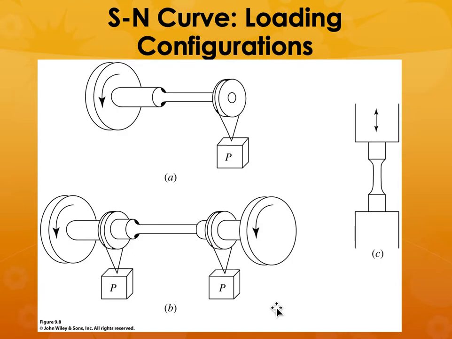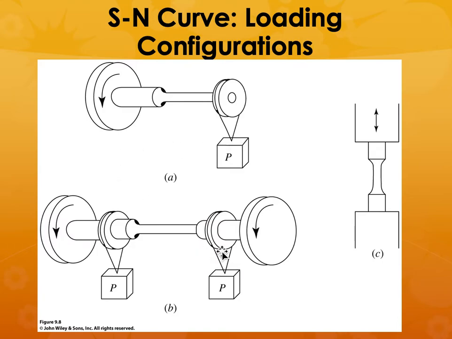So typically, what they do is you have a circular sample, and then you have some kind of a pulley on which you apply this load, and this keeps rotating, and after a certain number of cycles this sample will break, and it will tell you the number of cycles versus the applied stress.